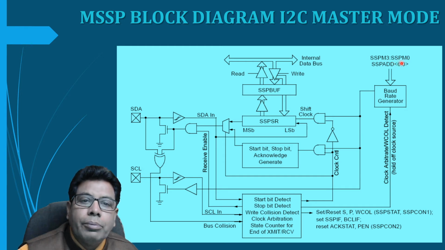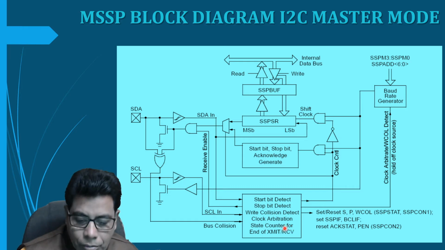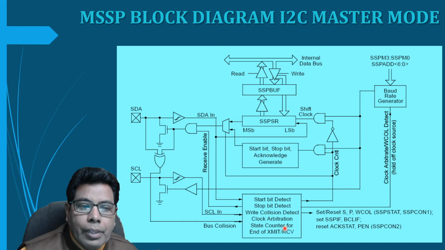Just now we have discussed these bits, and the 7-bit address will be used for generating the baud rate. And then we have the other circuitry, say here the SDA serial data, that will be coming and detected. So in this way the master mode will work.